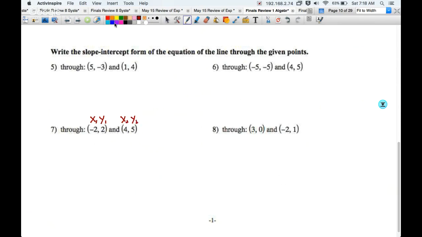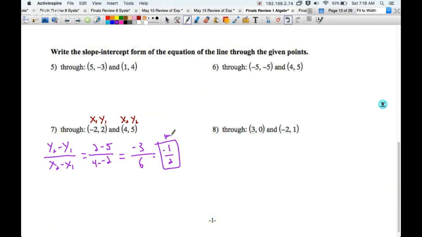All right, then use my slope formula to find the slope between these points, so y2 minus y1 over x2 minus x1 equals 2 minus 5 over 4 minus -2, -3 over 6, we simplify to -1/2. That's my m value.